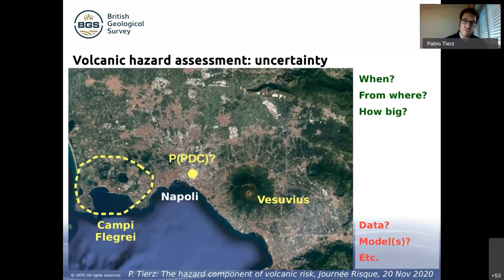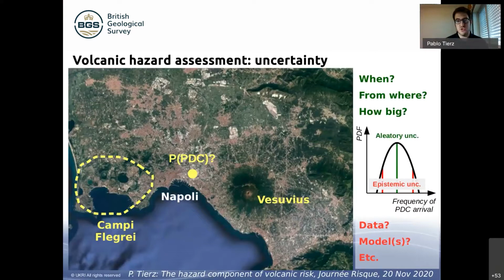But we also have sources of epistemic uncertainty related to lack of or incomplete knowledge. So we may have scarce data, or data of different qualities, spatial distribution, etc. We may have different models to use in order to quantify hazard, and of course, all models are representations of reality, etc. So one way of trying to capture these two main sources of uncertainty in our hazard assessments is to model the frequency of PDC arrival at this point as an uncertain variable, so we can attach a probability density function to this variable.